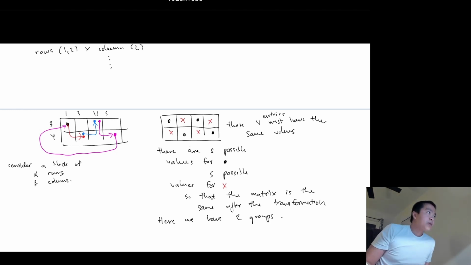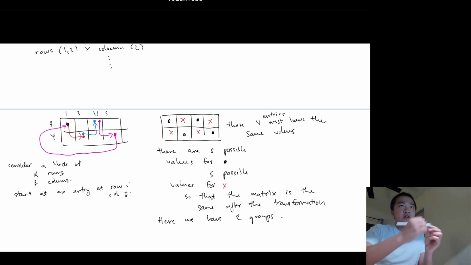Start at an entry at row I, column J, and follow this path.